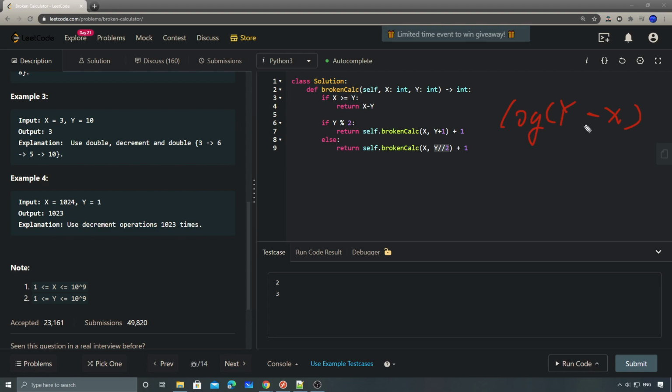Well, actually, I think it should be y divided by x. Yeah, I think that's the time complexity.